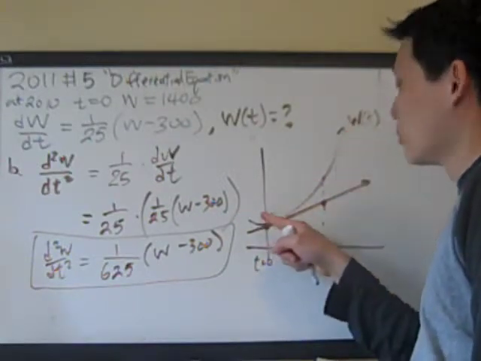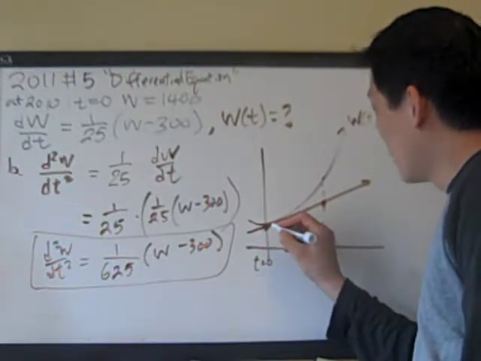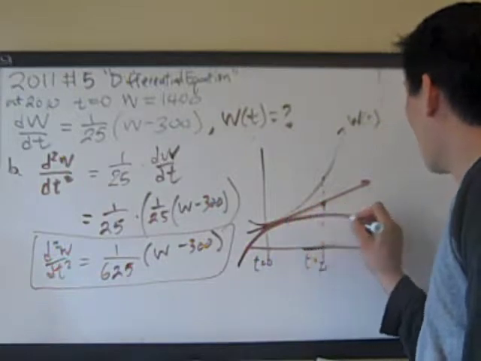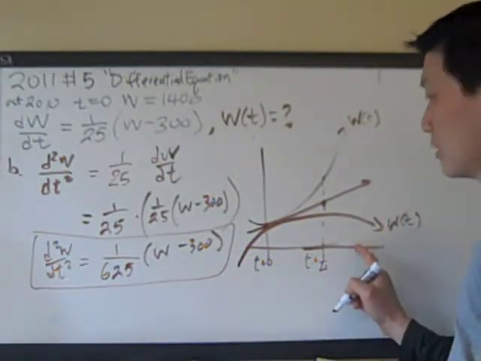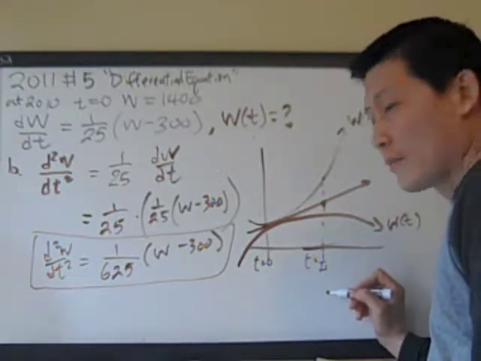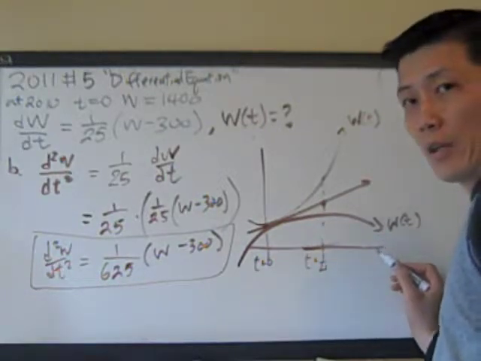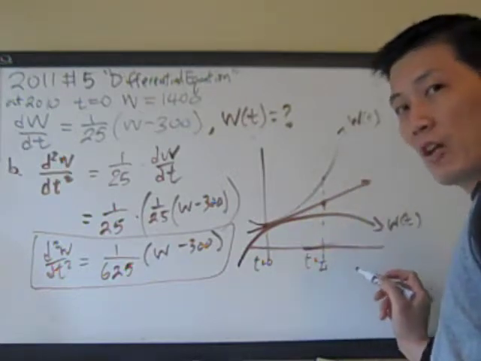Because the graph concaves up. But if the graph is actually concave down, where w of t is this one, then our estimate would have been an overestimation. The only way that can happen is if the graph concaves down.